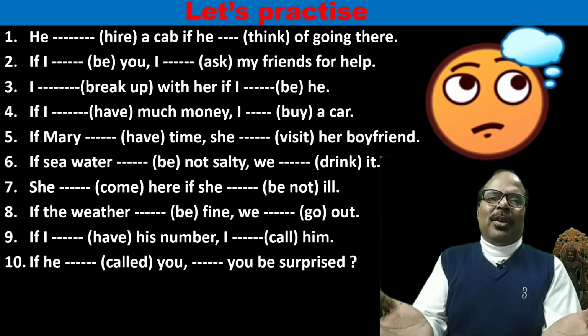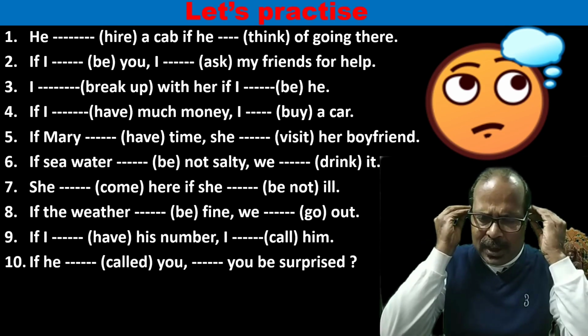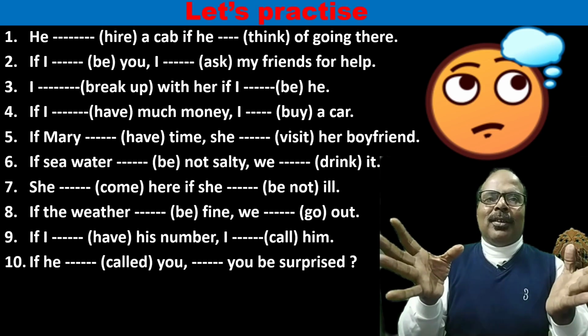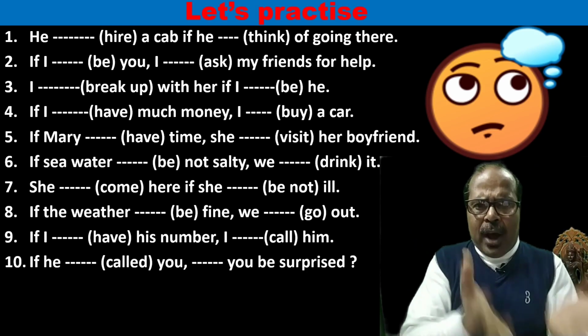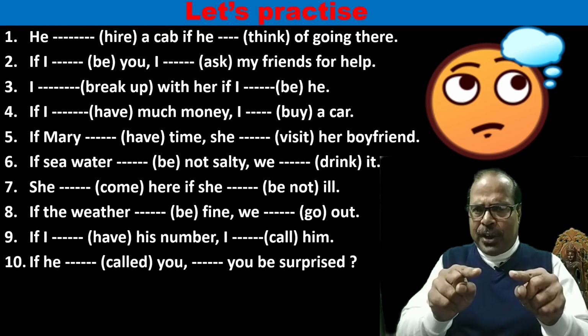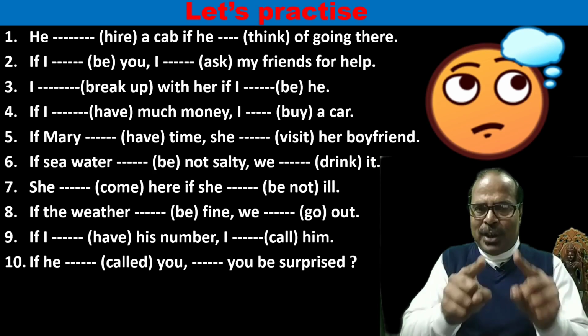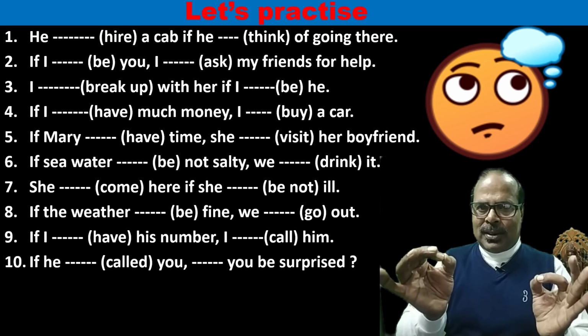And if we use second conditional, think about using second conditional and use the proper forms of verb. Pause the video, write down the proper forms of the verbs in the comment box.